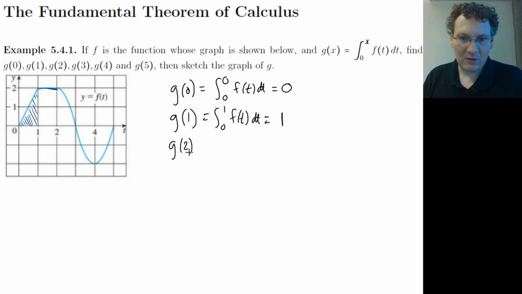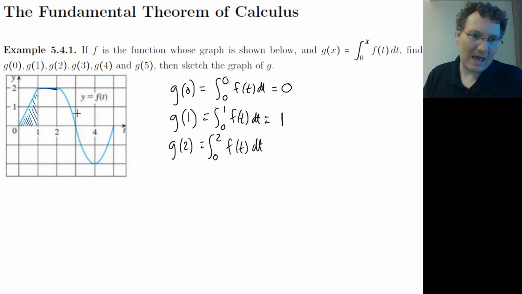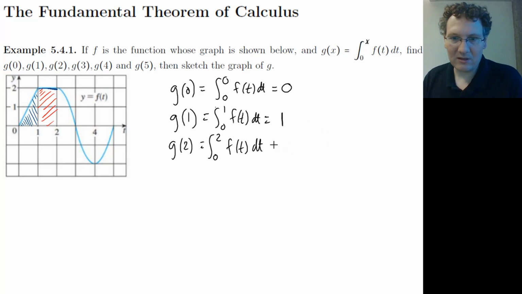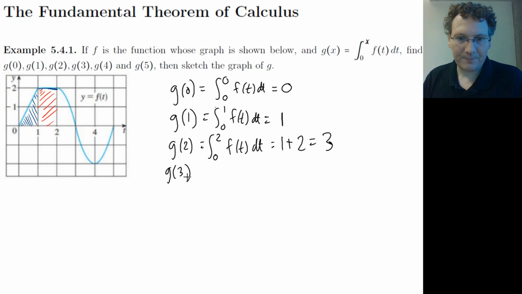g of 2 is the integral from 0 to 2 of f of t. We add to that one area the second triangle, which I'll put in red. You can see that we're adding another 1, so it's 1 plus 2, that's 3. g of 3 is the integral from 0 to 3 of f of t dt.